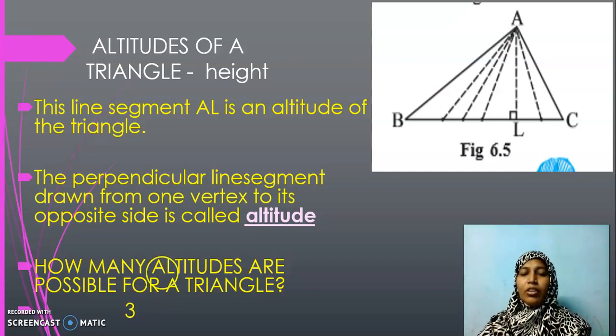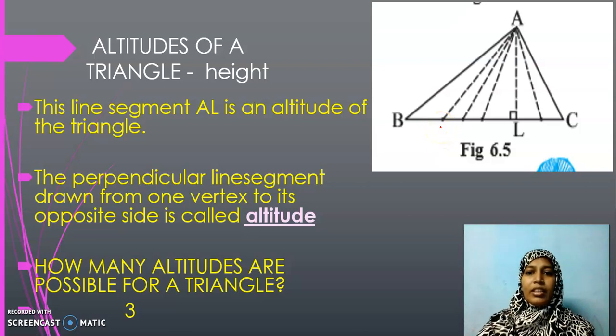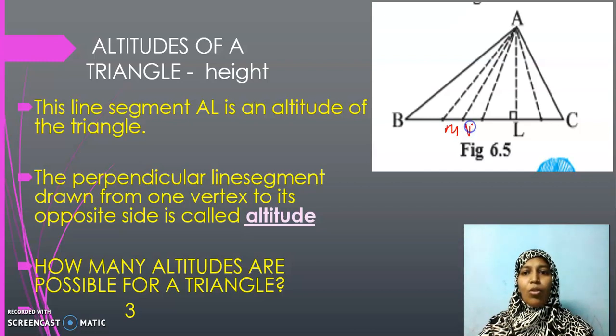Is it clear? You may be given a diagram like this, and they will give you letters like M, N, O, P, and they may ask which is the altitude here. There you may get options like AM, AN, AP and AC or AO.